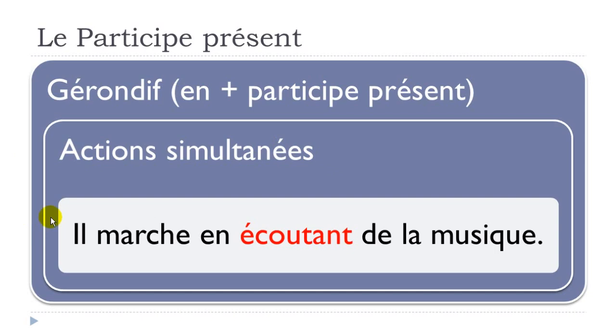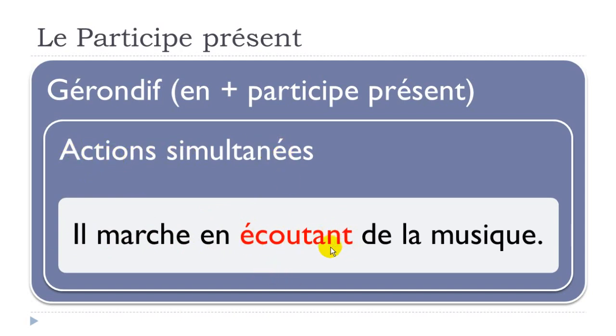For instance, il marche en écoutant de la musique. It's in red, this écoutant, just to show you that this is what we call le participe présent here. So first you get this en and then écoutant. Il marche, marcher is to walk, so he's walking. En écoutant, and remember, if we use this gérondif form, we want to express the fact that two things are happening at the same time.